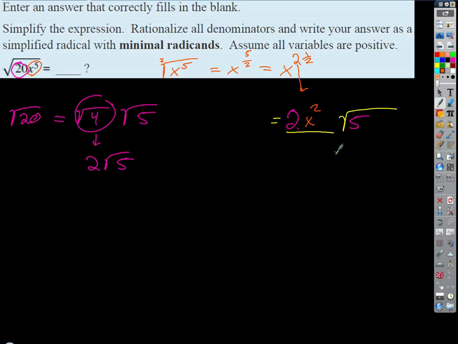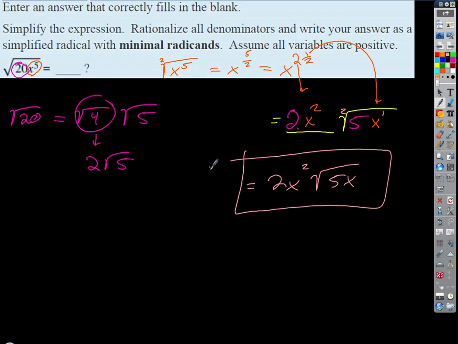The integer part is what's outside the fraction, and the fractional part goes inside. So technically that's an x to the 1/2. Now we wouldn't write the 1 or the 2 though, right? So in Moodle we would just write our answer like this: 2x squared times the square root of 5x, right? See how that works? Because you had a 1/2 left over, there's your 1/2, x to the 1/2. Okay?